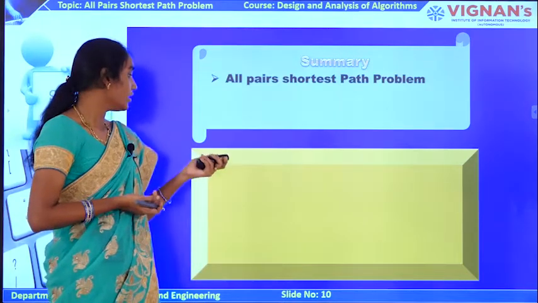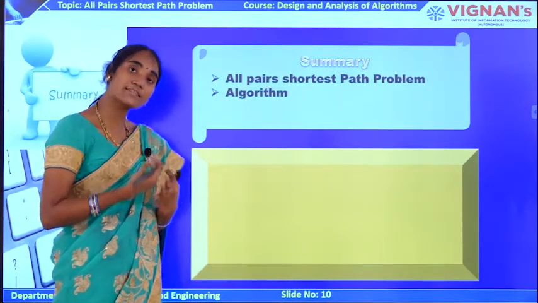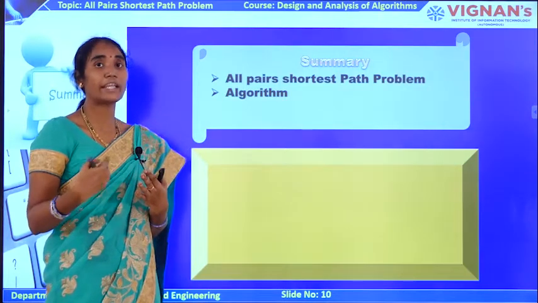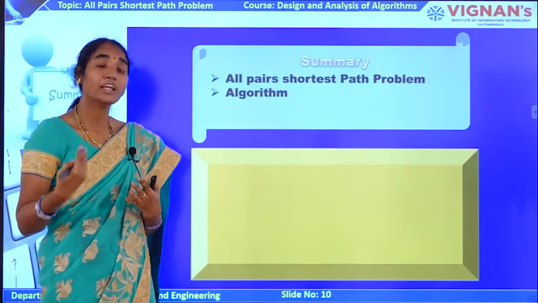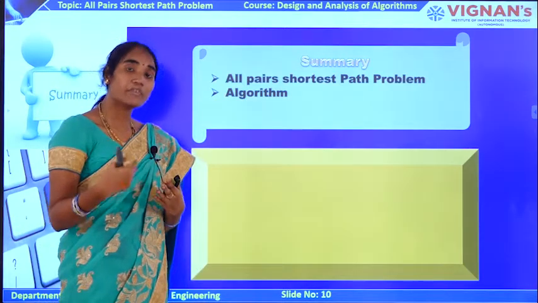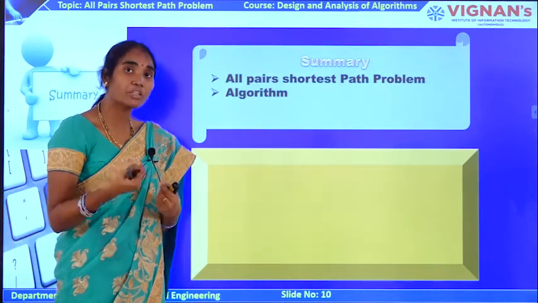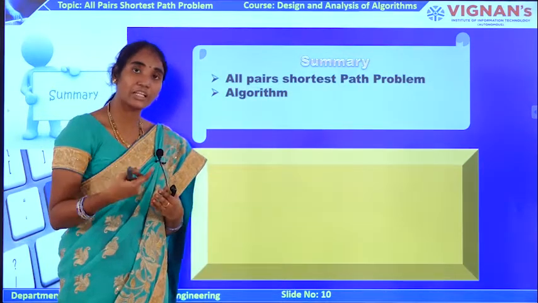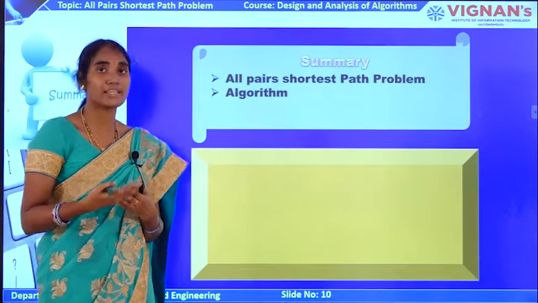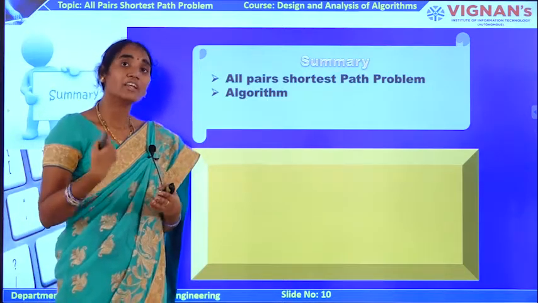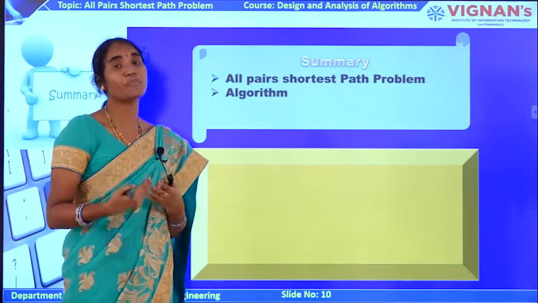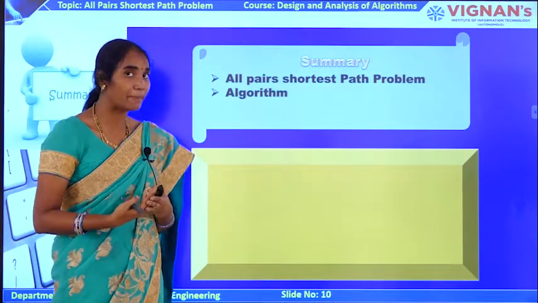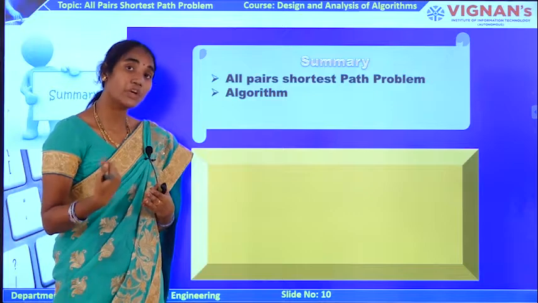Initially we find the cost adjacency matrix, and from there we generate the matrices called A1, A2, A3 and so on to An. Each value in the matrix we find by Ak of ij equal to the minimum of Ak minus 1 of i comma j, and Ak minus 1 of i comma k plus Ak minus 1 of k comma j.